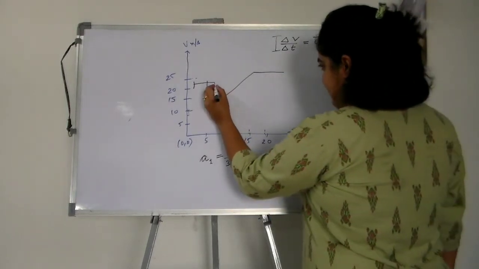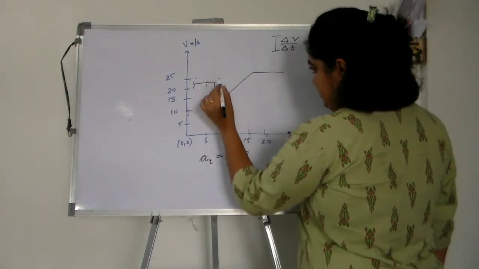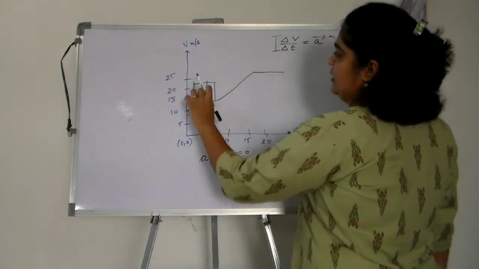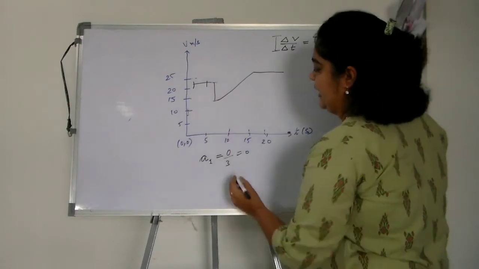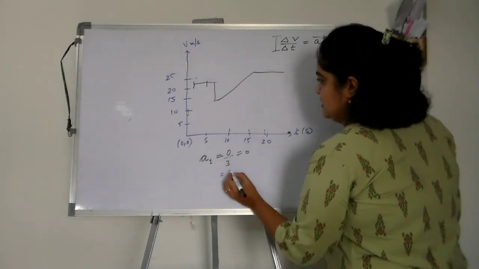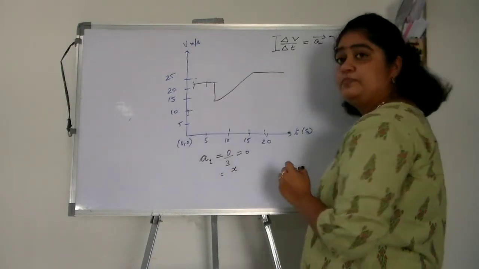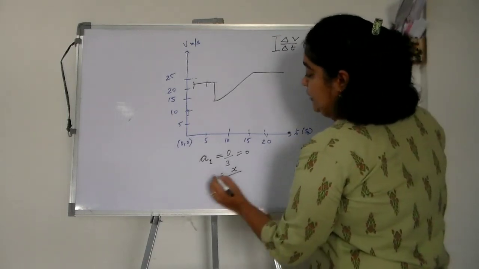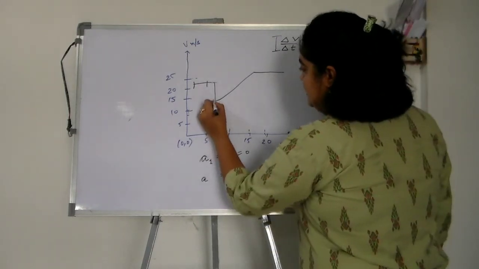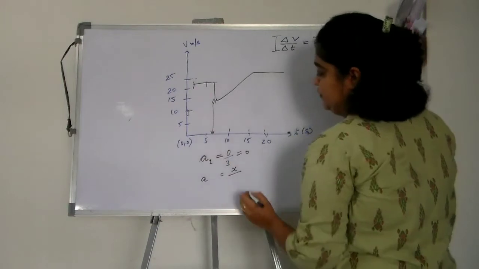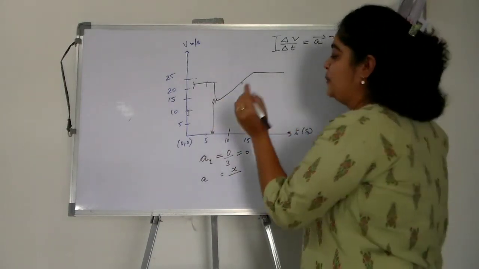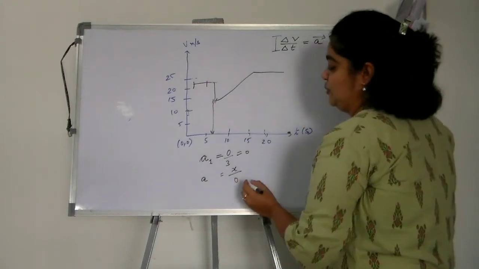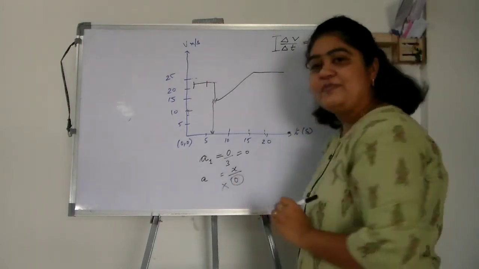In this case, what is the change in velocity? Some 28 minus 10, or 18, or something like that. Let us imagine it is x. And what is the change in time? If you look at this point, it is very, very small. So you might write 0, but it is not 0.